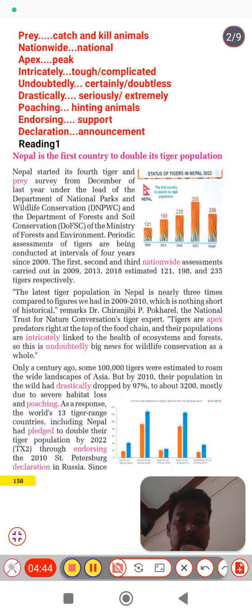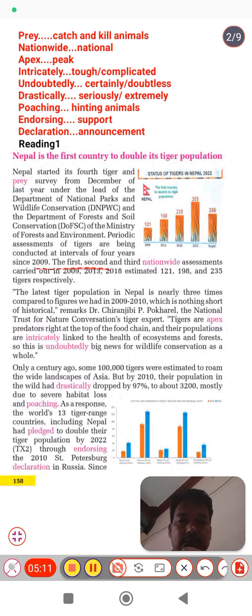So under the consultation of DNPWC and the DoFSC, periodic assessments of the tiger are being conducted at intervals of time. This tiger survey has been conducted every 4 years since 2009.